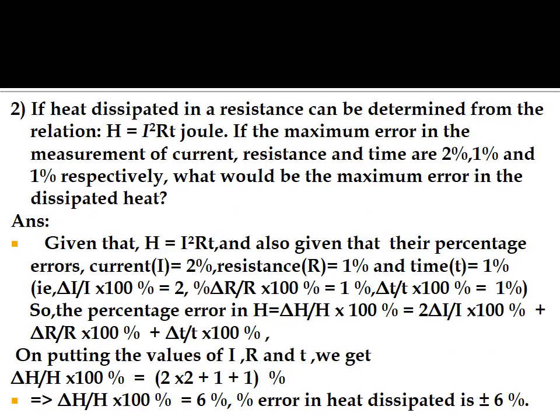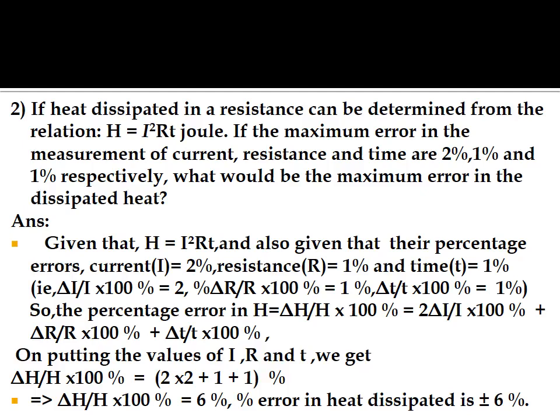Second question is, if heat dissipated in a resistance can be determined from the relation H is equal to I square RT joule. If the maximum errors in the measurement of current, resistance and time are 2%, 1% and 1% respectively, what would be the maximum error in the dissipated heat energy?